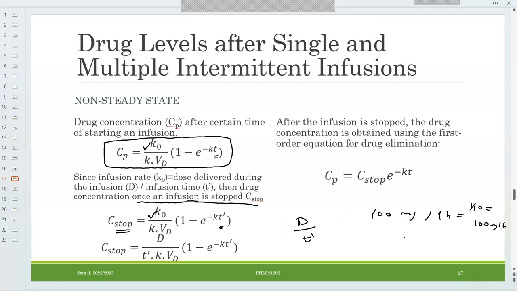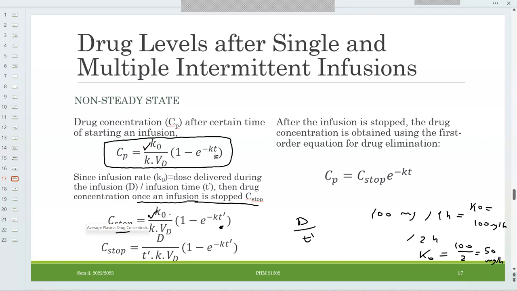How about if I give over 2 hours, then K0 equals 100 divided by 2, so the infusion rate is 50 milligram per hour.